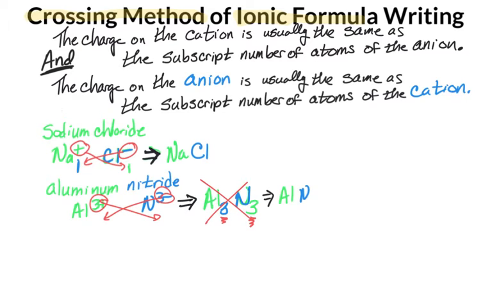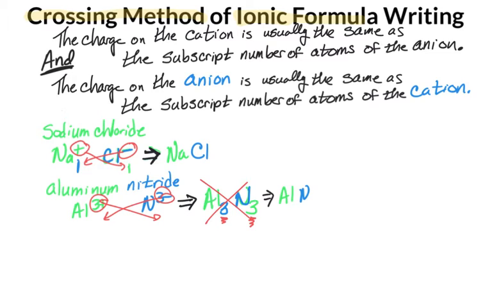The 3+ charge on the aluminum goes to the outside of the parentheses for the bisulfite. And the -1 charge, we're going to put a 1 for the aluminum. And our answer then will be Al1, of course we don't write the 1, parentheses HSO3, close parentheses, subscript 3. And that one is correct.